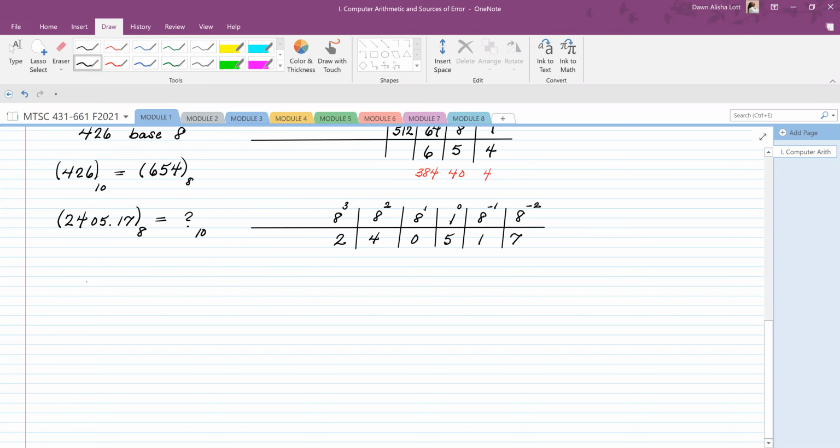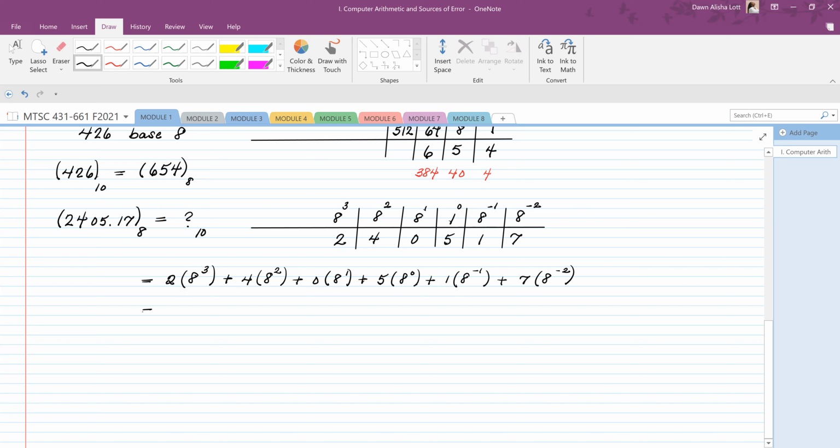Well, this is going to equal 2 times 8 cubed plus 4 times 8 squared plus 0 times 8 to the first plus 5 times 8 to the 0 power plus 1 times 8 to the -1 plus 7 times 8 to the -2.